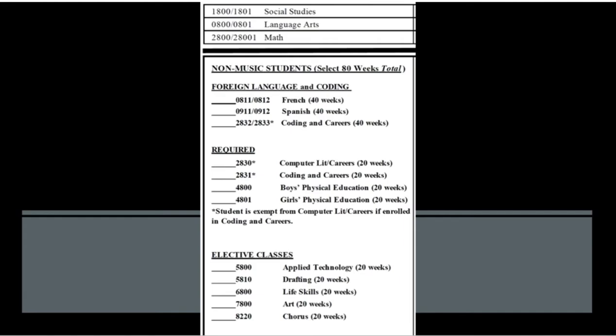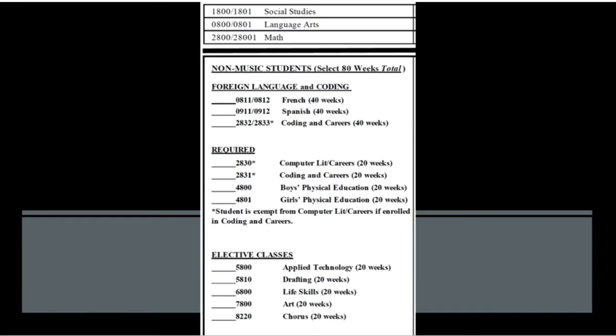Now, in the next category down, you'll see required classes. All students must take some form of the careers class. Then you'll need to select either the computer lit in careers or the coding in careers. Both of those options are 20 weeks.